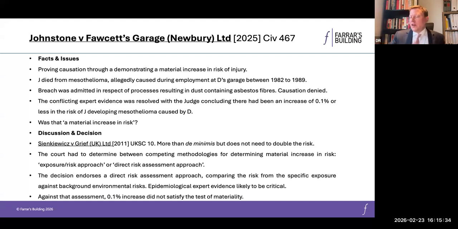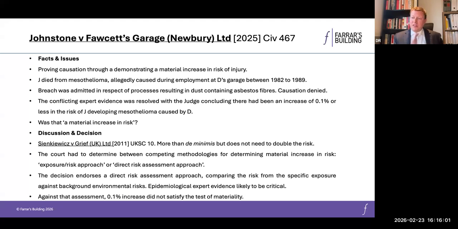And in cases that are presently confined to mesothelioma and lung cancers, a further special rule of causation applies, where if it's known that the claimant was exposed to the risk of inhaling asbestos or some dust that's carcinogenic as a result of the negligence of the defendant, then the defendant will be liable if they can be shown to have materially increased the risk of the claimant contracting that disease.